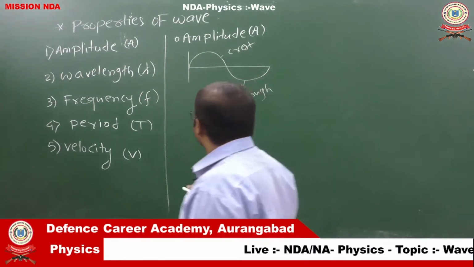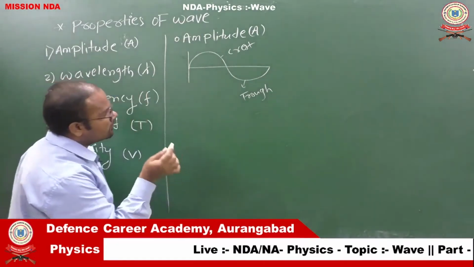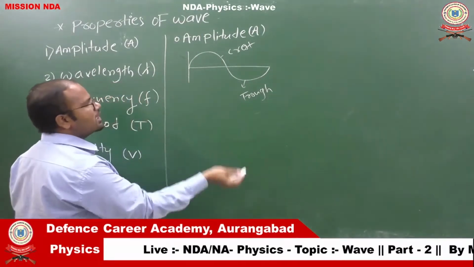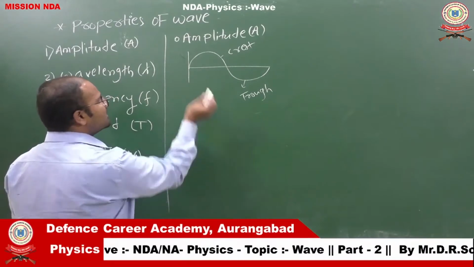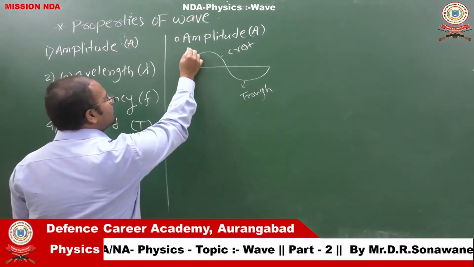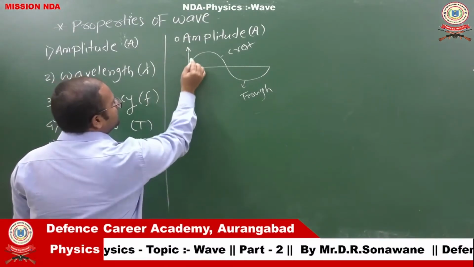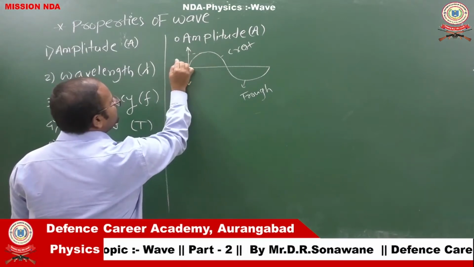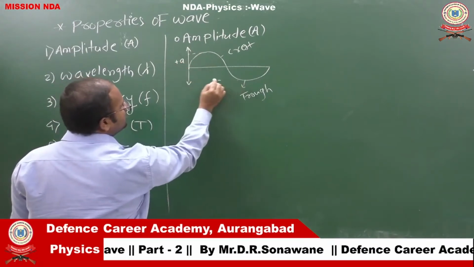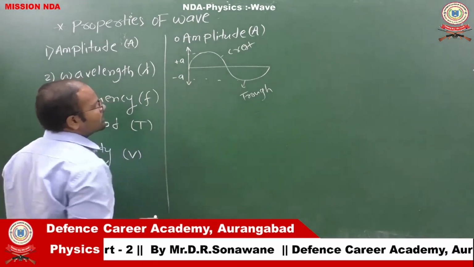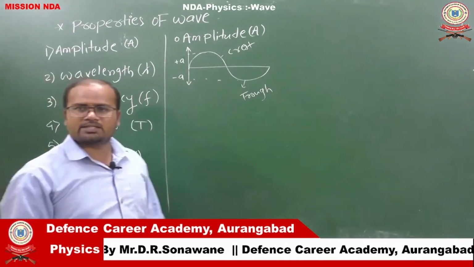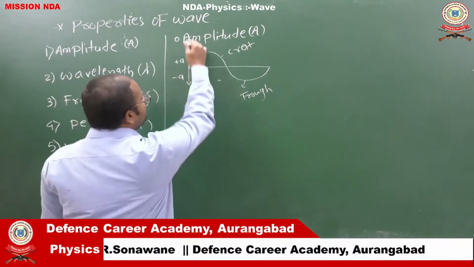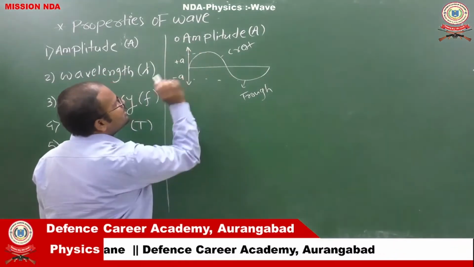Here the displacement of the wave particles, the particles present in the wave, the displacement of that particle in a vertical direction. Here we can say there is a positive amplitude and here is a negative amplitude, but the magnitude of plus A and minus A is the same. Here the vertical displacement of the particle is nothing but the amplitude.